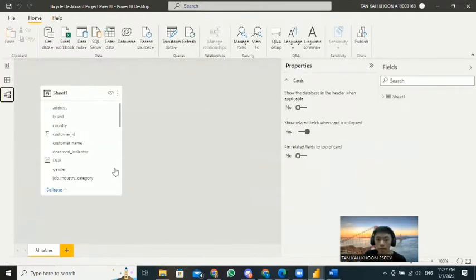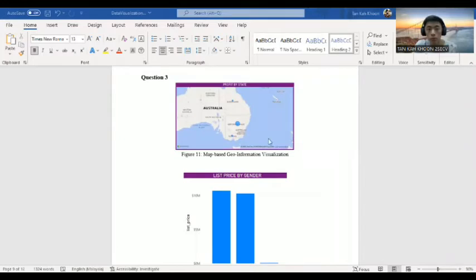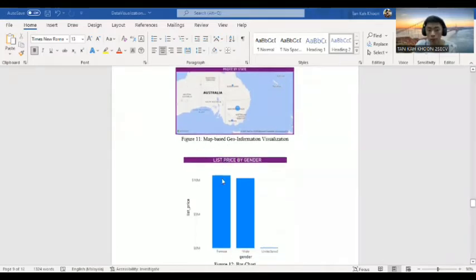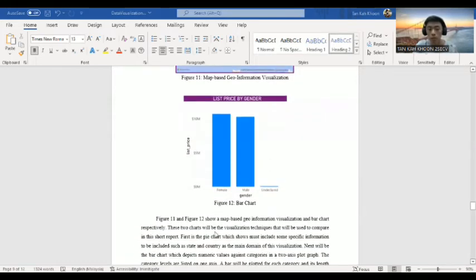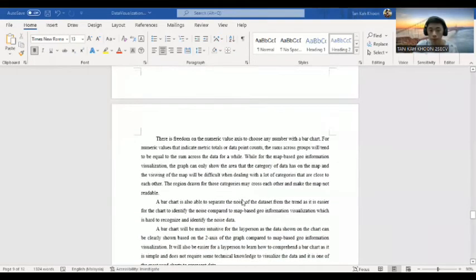The dataset I use is named Sheet 1, and this is the data model structure for the whole dataset. There are the table and charts, showing a map-based geo-information visualization and a bar chart. These two are the visualization techniques that will be compared in this short report.